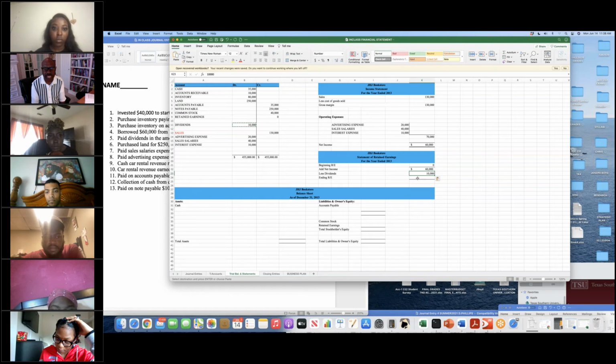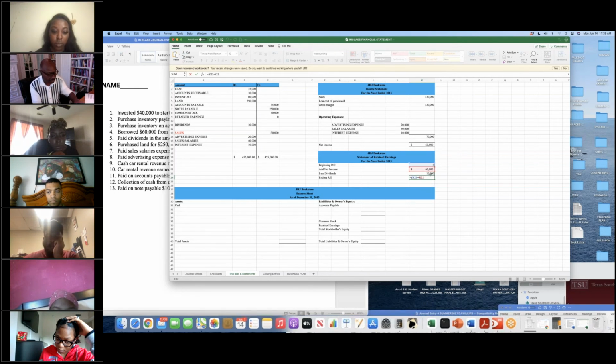And then ending retained earnings is always going to be equal to, and we don't have a beginning retained earnings here, but it's this cell plus this cell minus this cell.